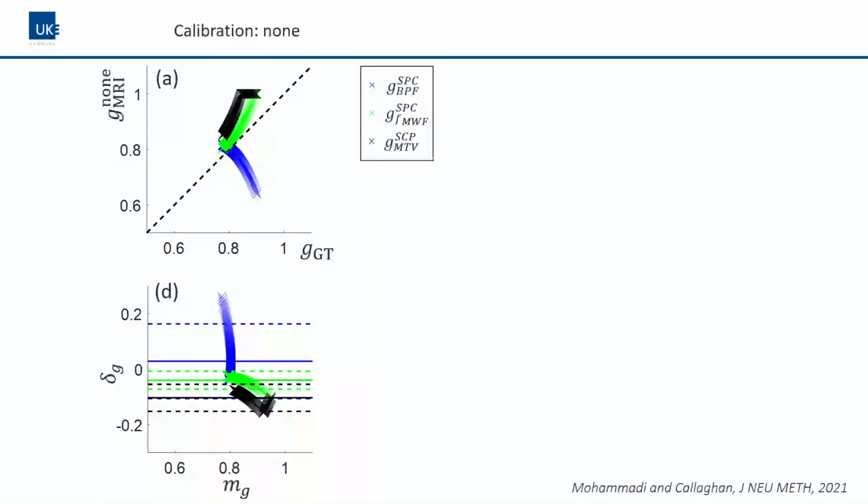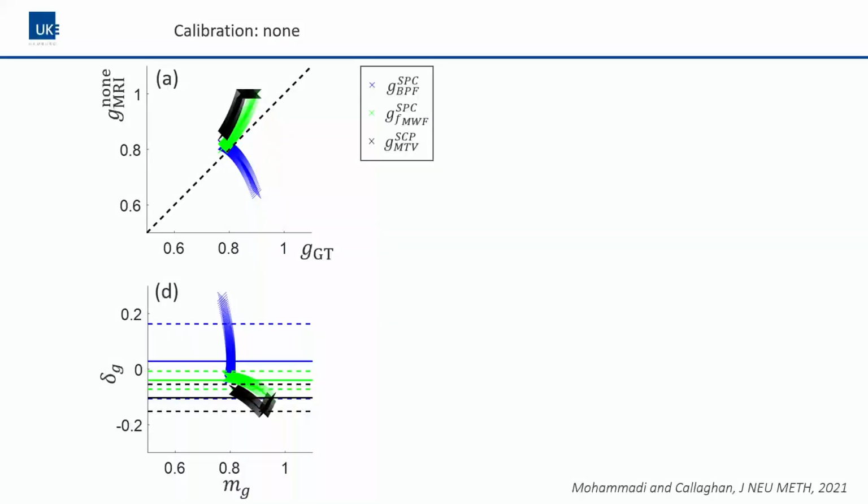Here in a scatter plot, we compared the ground truth G ratio to the MRI G ratio, and what we found is that bound pool fraction shows almost no reasonable relation in our simulations.